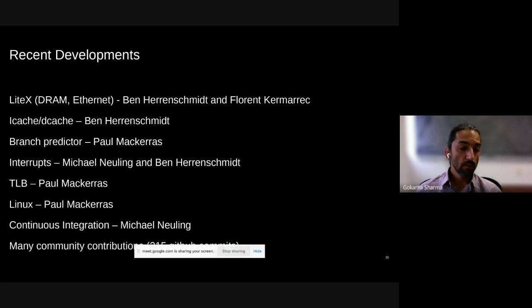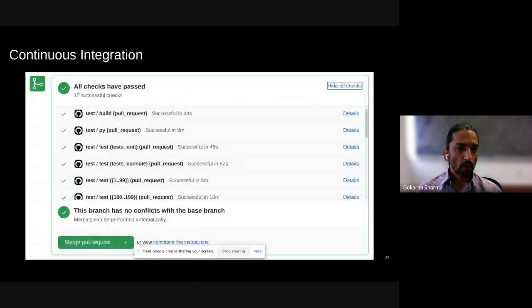And then there are many community contributions, like the developers. They are interested in this open Power ISA, and the benefits of it, and who wants to design new processing cores, and the development in this area.